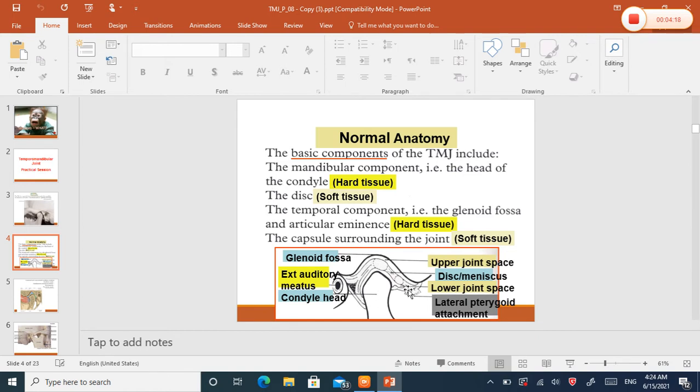This is a schematic diagram showing the disc that divides the temporomandibular cavity into upper joint space and lower joint space. This is the condylar head of the mandibular bone, and this is the glenoid fossa, part of the temporal bone.